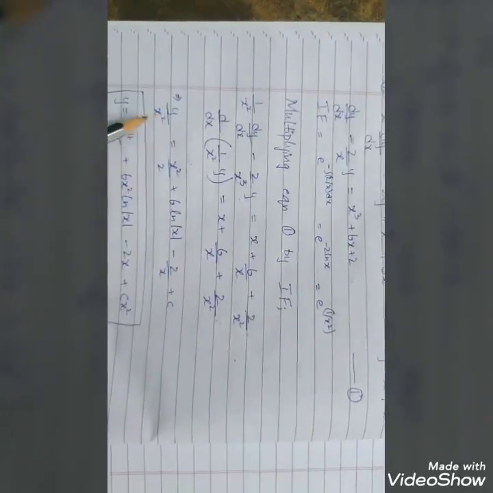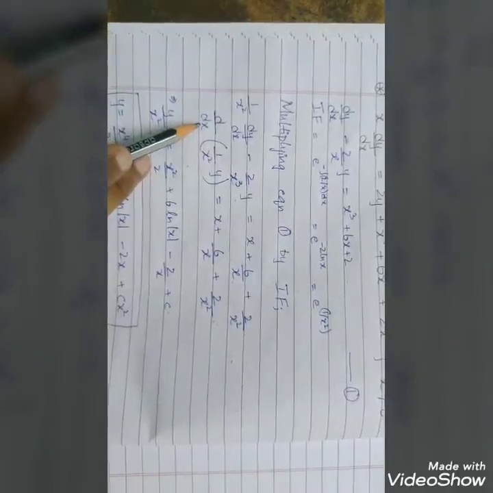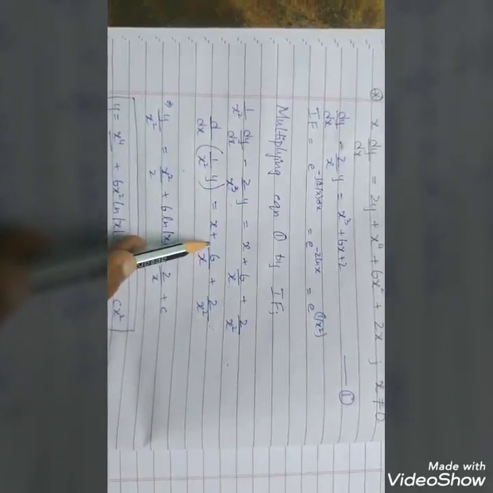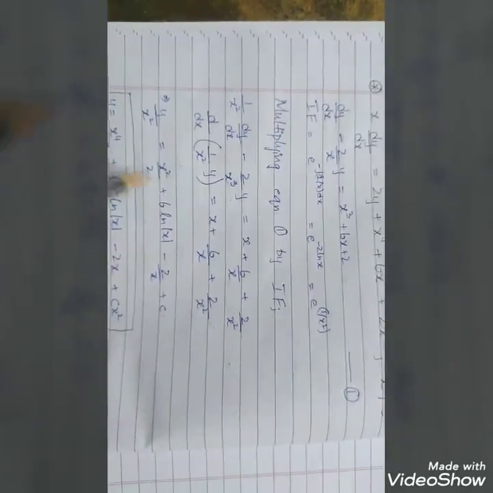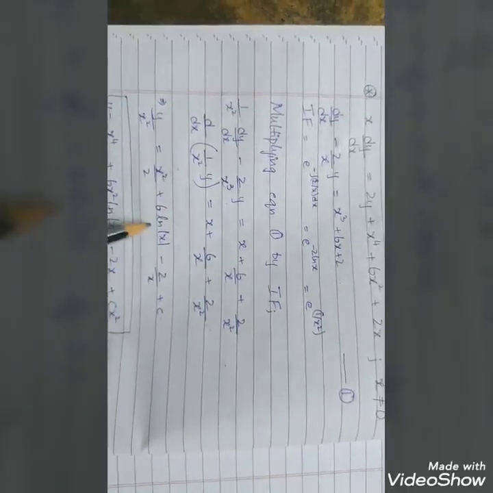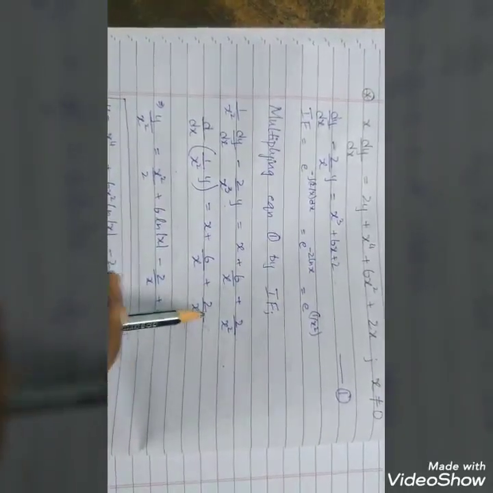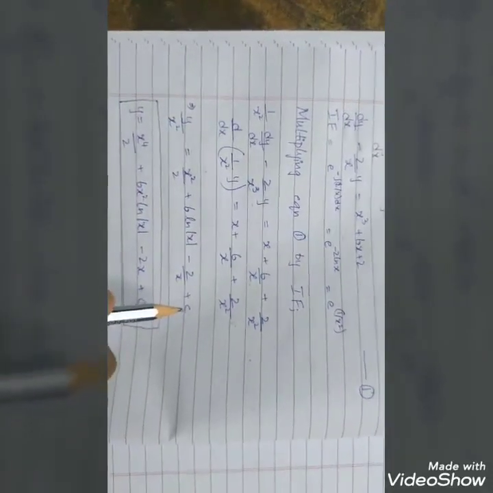Now y by x square is obtained by sending dx to the other side and integrating it. Now x becomes x square by 2, 6 by x becomes 6 ln x, plus 2 by x square becomes minus 2 by x, plus c, which is the integration constant.